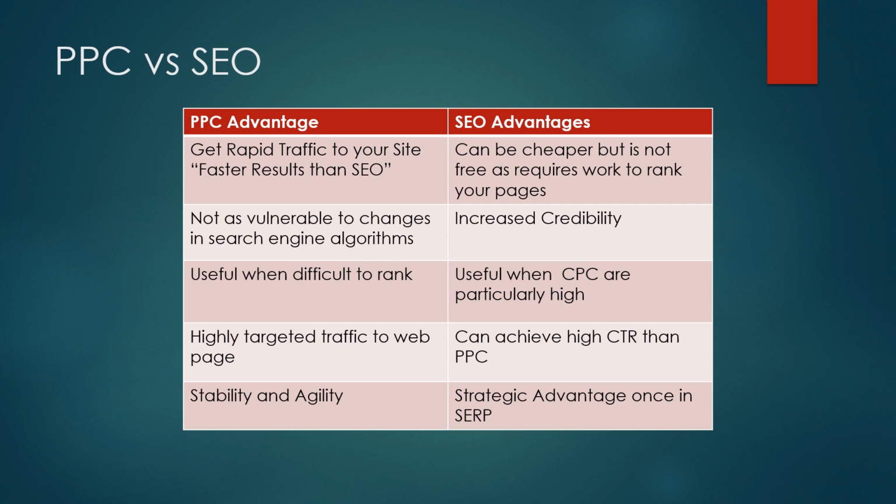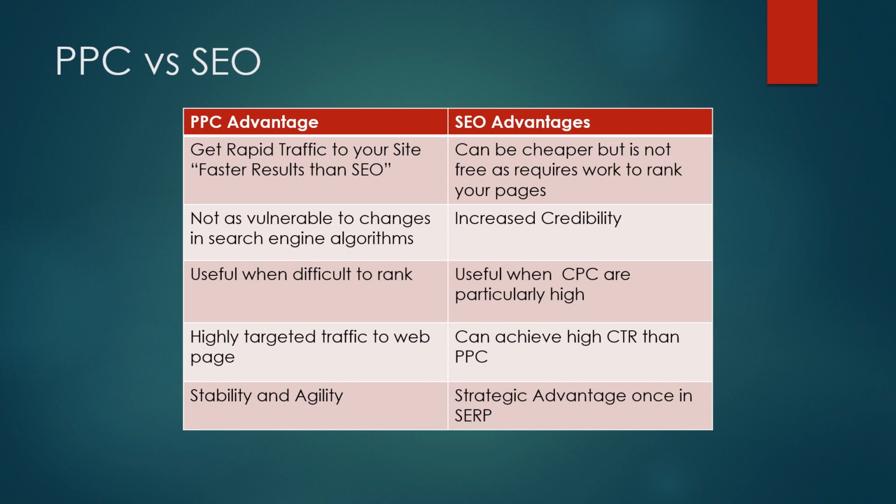Advantages of SEO include it can be cheaper, but it is not free as it requires much work to rank your web page. A key advantage of SEO is that organic results tend to be viewed by the user as being more credible. SEO can be particularly useful when costs per click are particularly high.